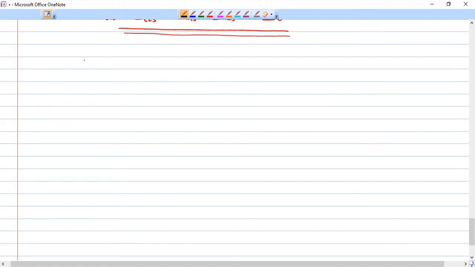Now the next special case is that of an L network. I have told you that we can view an L network as a special case of a T network.